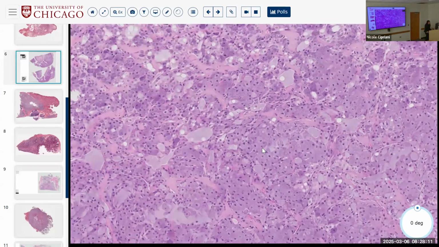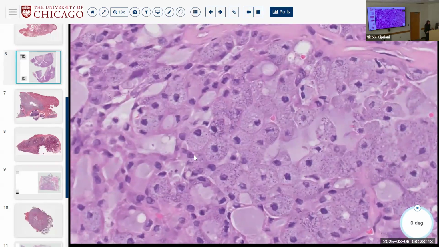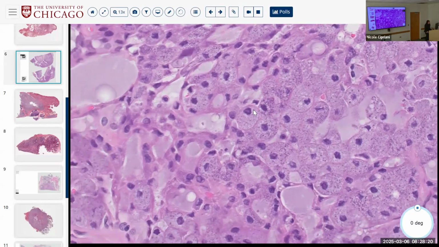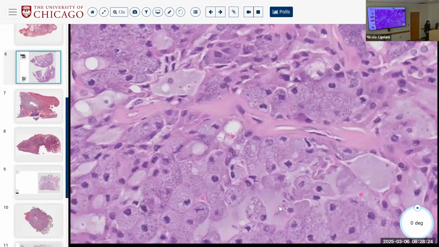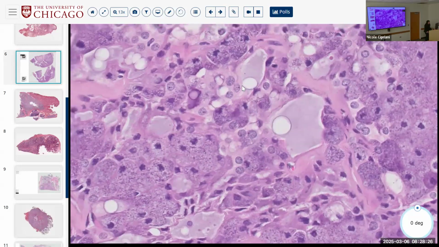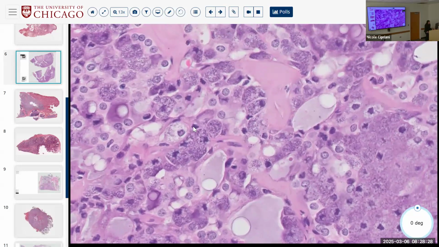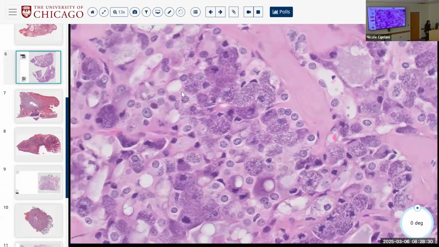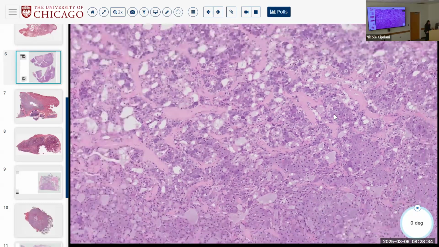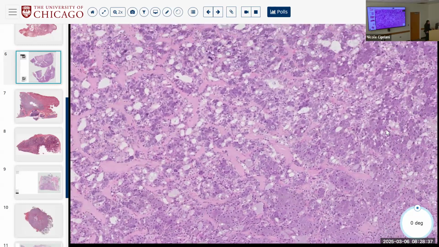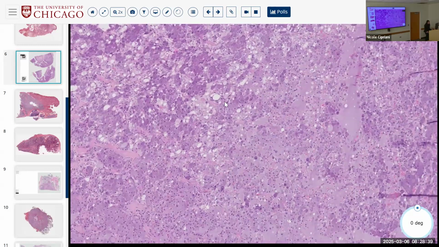So if I go to higher power, they have granular cytoplasm, so it looks like the cells that are normally serous acini. So acinic cell carcinoma.